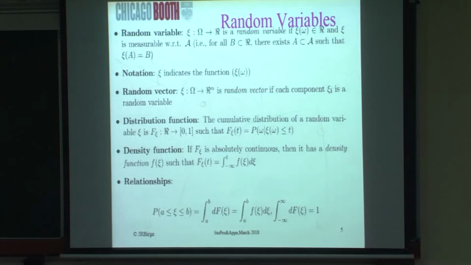Okay, now I talked here about the distribution function. So the cumulative distribution function, or distribution, most of the time I'll just say distribution function, for a single random variable I'll indicate it here usually with this capital F. Here I'm using a subscript just to denote which is the random variable.